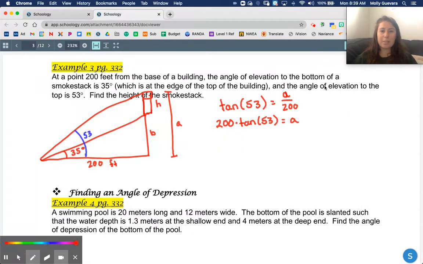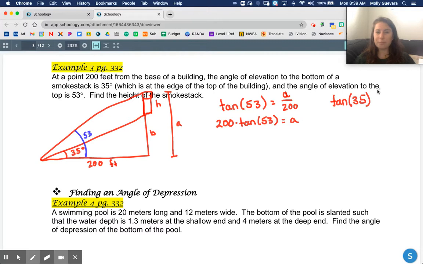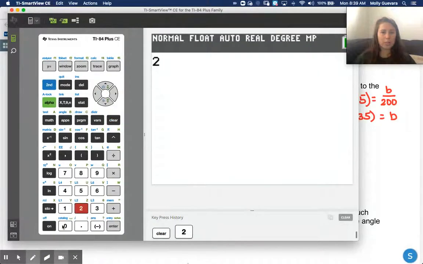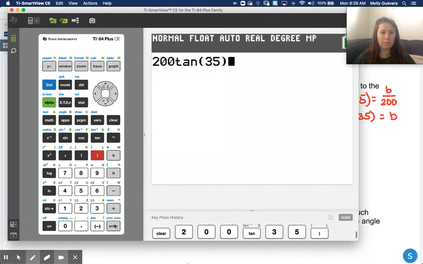Now we're going to do the same thing. Let's find B. Well, B, I'm going to use the 35. It's still going to be tangent, but now I'm going to use the 35 degrees because it's the smaller triangle, equals opposite over adjacent. So again, 200 tangent of 35 equals B. So now I can go back to my calculator and do 200 tangent of 35, enter.